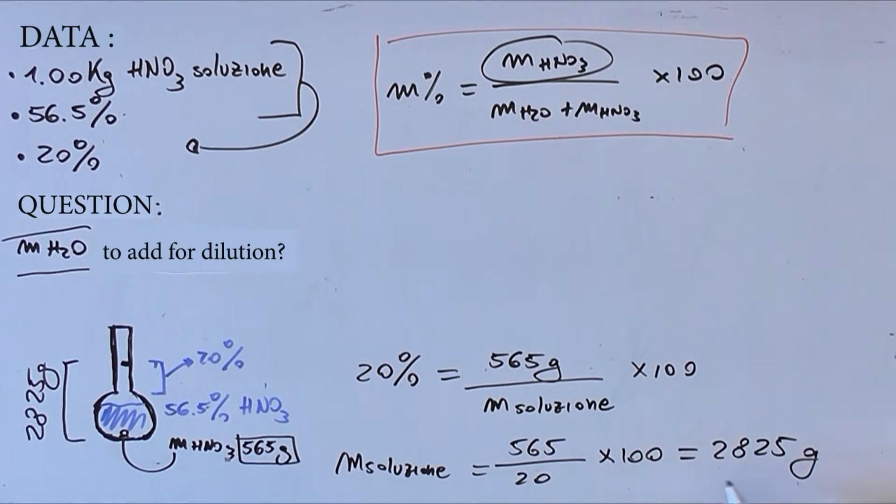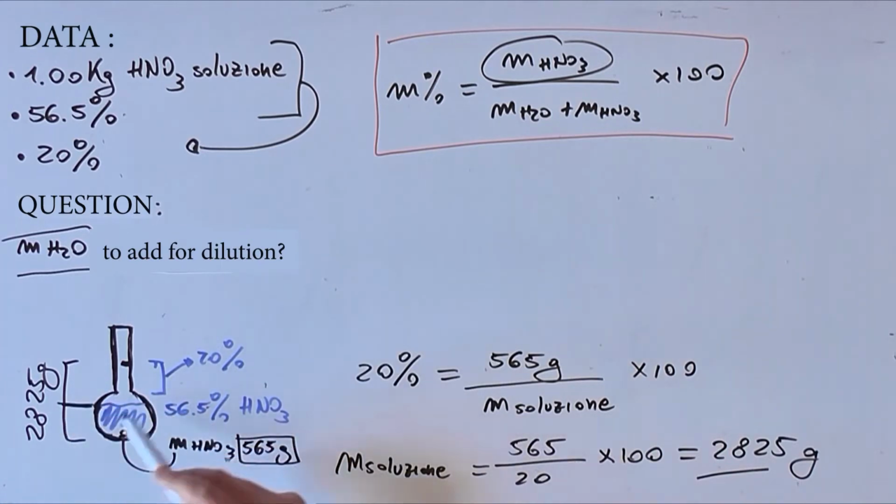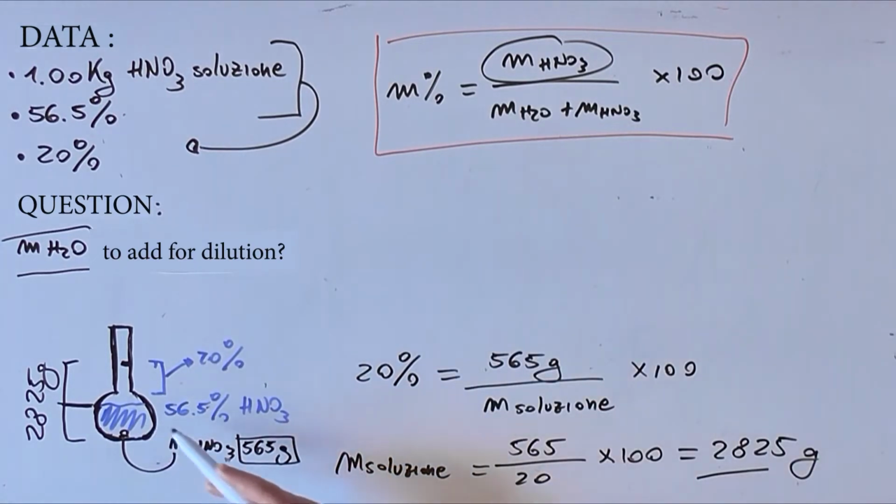Great. The calculation is simple now because the mass of water to add is given by the mass of the final solution minus the previous solution, which is 1 kilo. So let's write it.